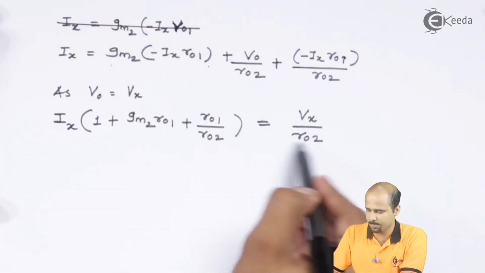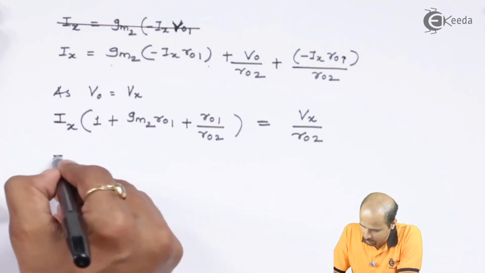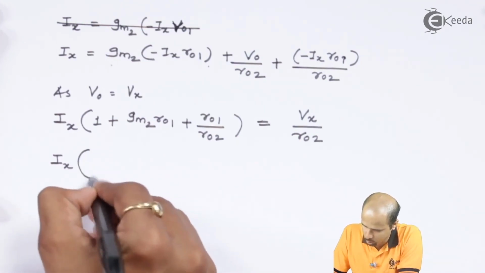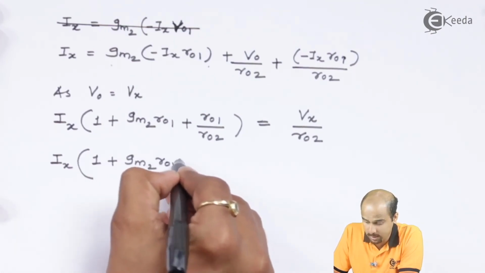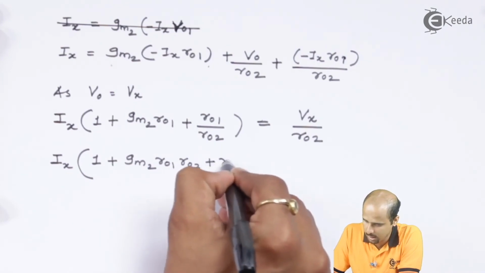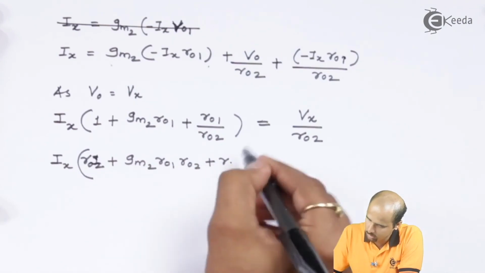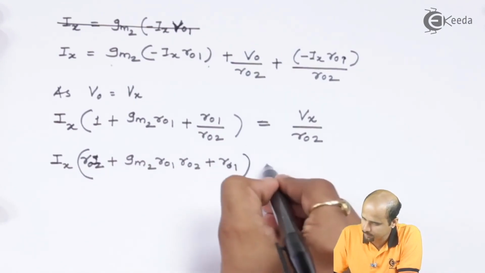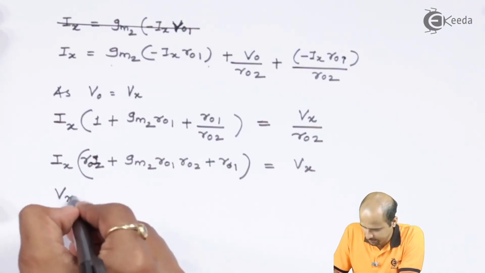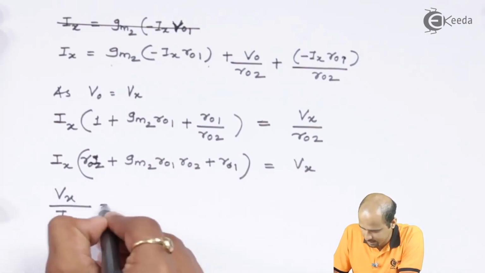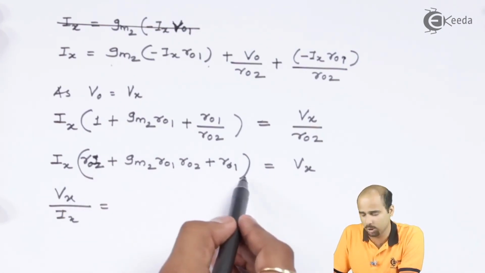If you want to cancel this ro2 out, then we get Ix times (1 plus gm2 ro1 ro2 plus ro1) is equal to Vx. And this is how we get the value of Vx divided by Ix, where you can either take ro2 common or ro1 common, right?